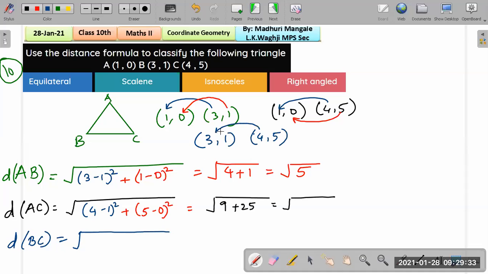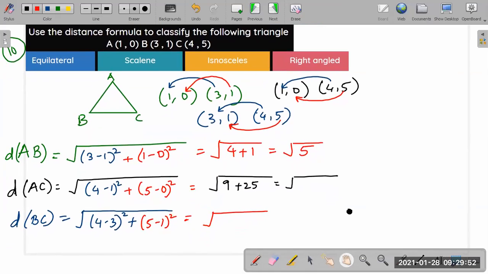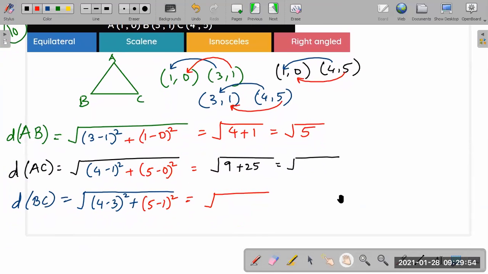So x2 minus x1, that will be 4 minus 3 the whole squared, plus y2 minus y1, that will be 5 minus 1 the whole squared. So 4 minus 3 is 1, 1 squared is 1. 5 minus 1 is 4, 4 squared is 16. And simplifying, you'll get some answer.